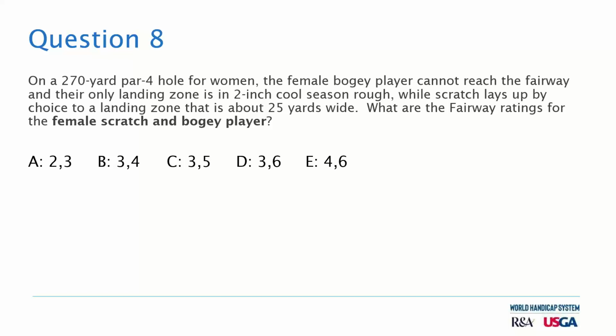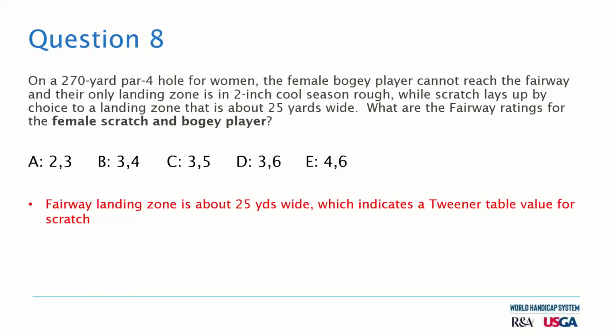So certainly a lot going on here. The fairway landing zone is about 25 yards wide, which indicates the tweener table value for that scratch player. So if you go to the table there and you go over to the less than 20 yards, right?